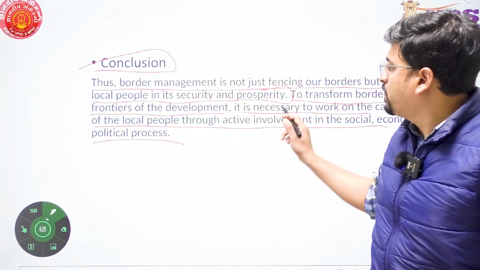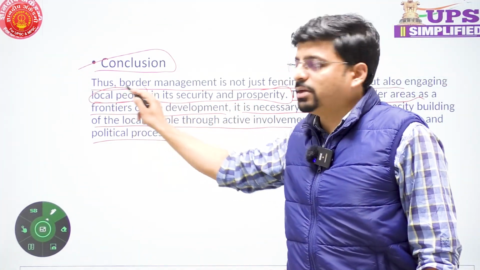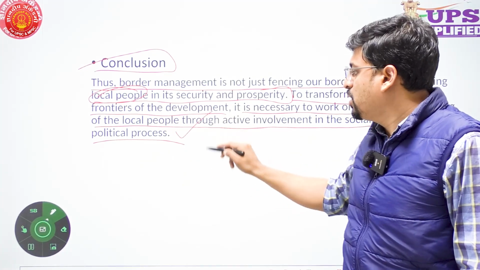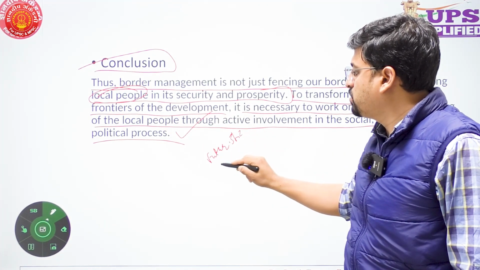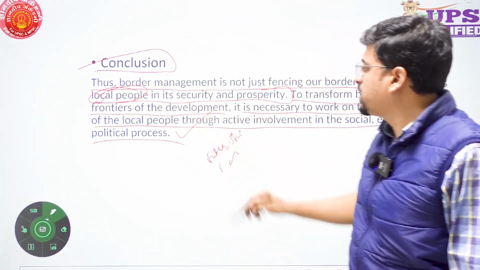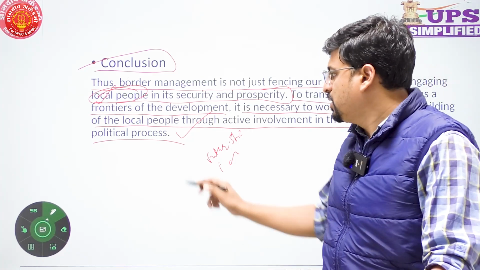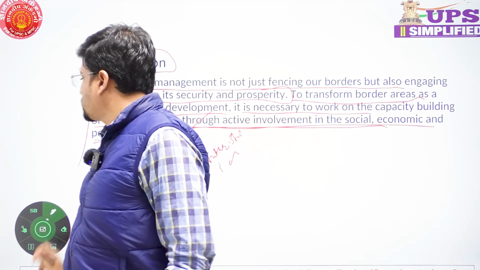So here we have mentioned the importance of local people in India's security and the futuristic measures and implications that we can have from local people's participation in India's security. So this is one of the internal security questions for today. Thank you.